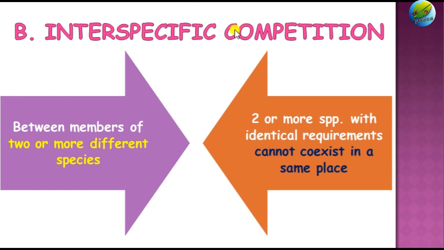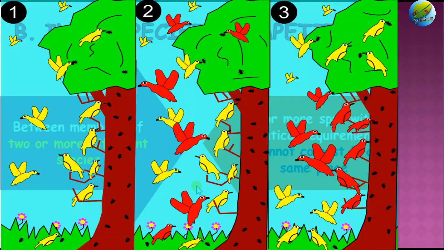The elimination of one species by another as a result of inter-specific competition has come to be known as the competitive exclusion principle or Gause's principle, which denotes that two or more species with identical requirements cannot coexist in the same place.